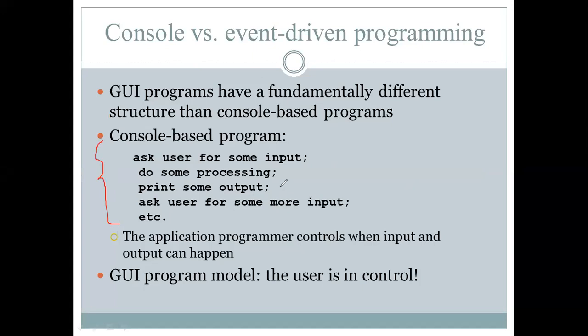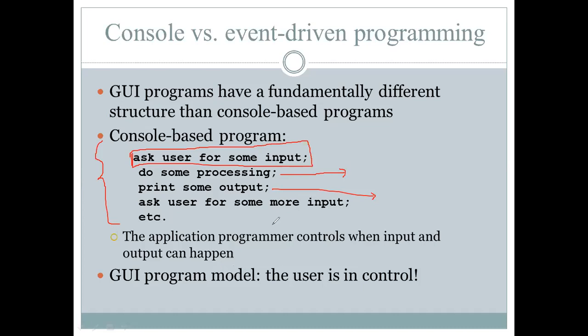If I try to write the console program, what should my instructions be? First I have to ask the user for some input, right? Then after getting the input, I will perform some processing. After the processing is completed, I will display whatever output we get from the processing, that means we will print the output on the display.